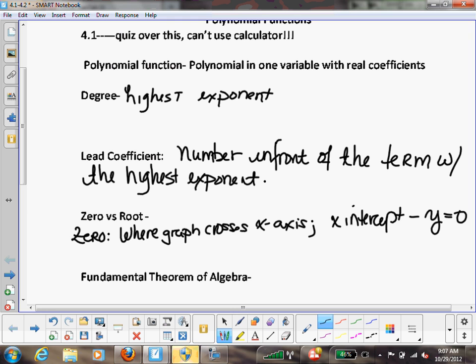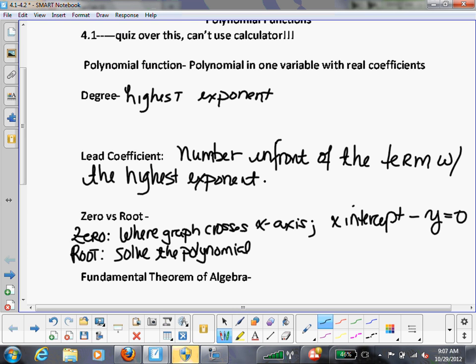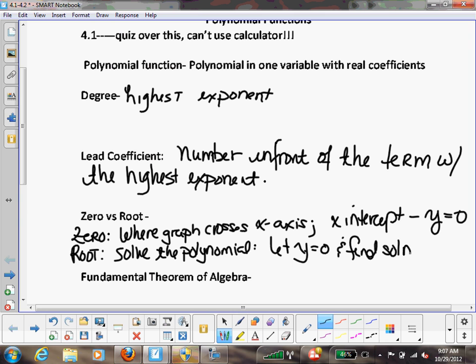Likewise, if I give you a polynomial and ask for the root, it's basically saying solve the polynomial: let y equal 0 and find the solutions.